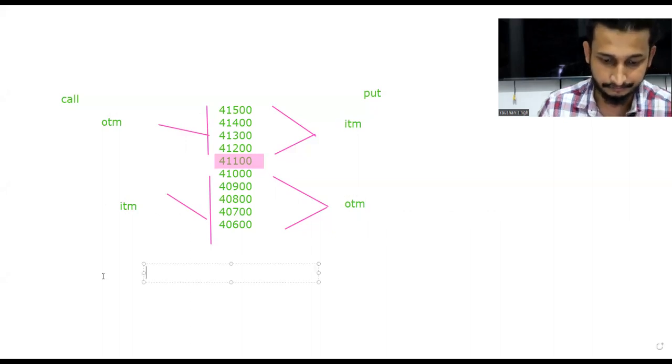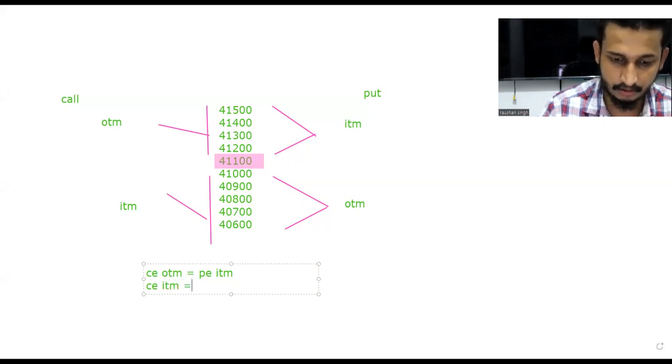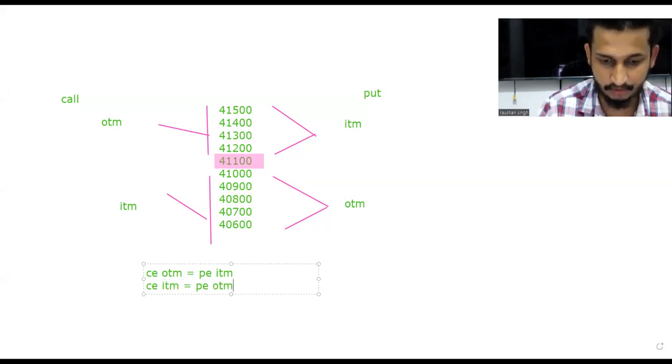Okay, so in simpler words, call option OTM is equal to put options in the money, and call option in the money is equal to put options out of the money.